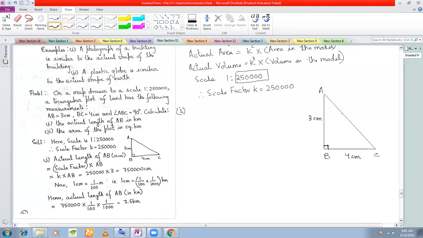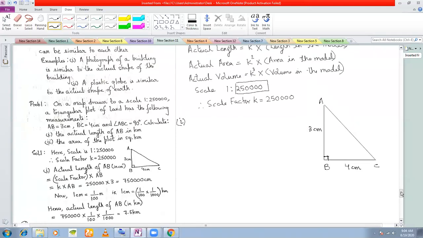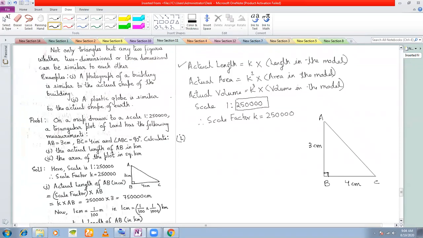Now what is the actual length? Actual length is k into length of the model. So actual length of AB is equal to the scale factor k into length in the model.